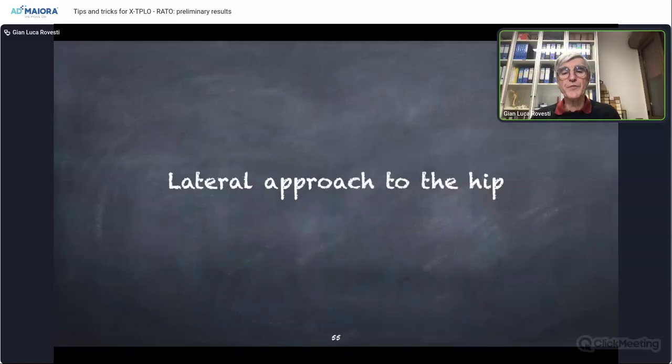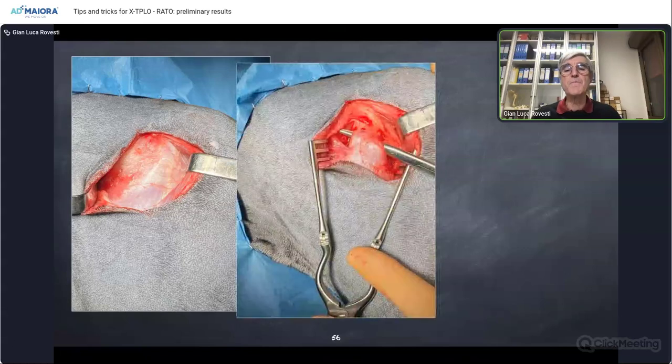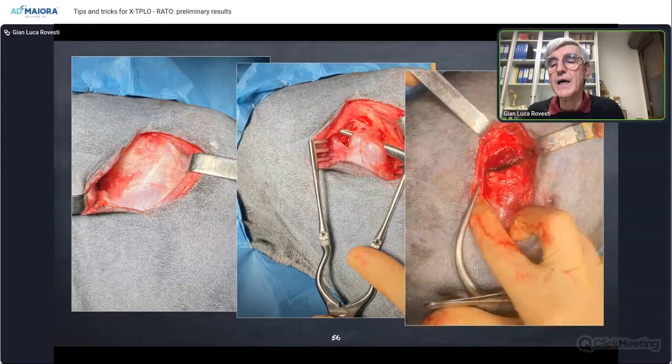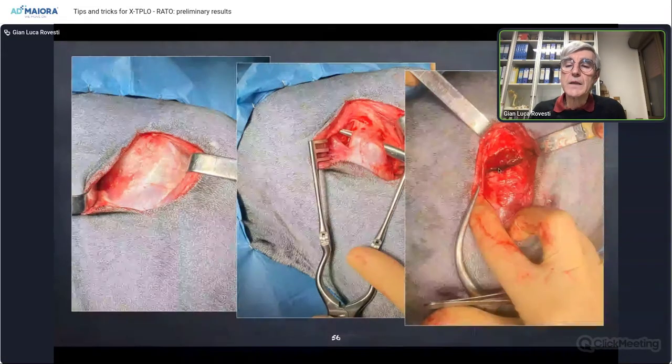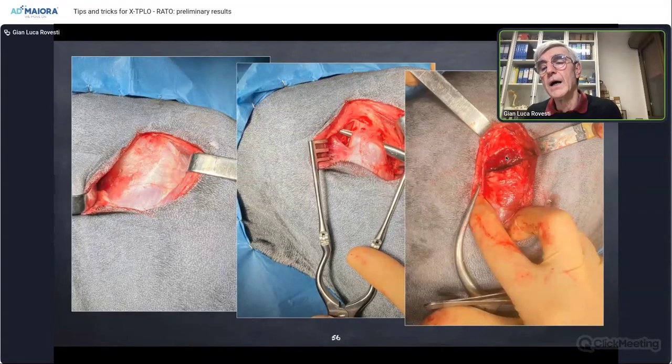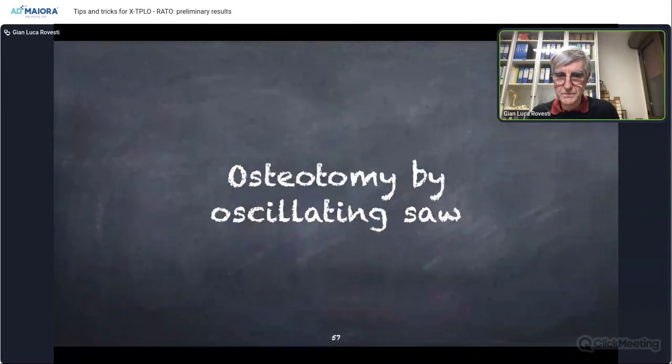Then we will perform the lateral approach to the hip. So we have the vastus lateralis muscle here, and we should incise it, because we have to free all the cranial lateral part of the proximal femur.